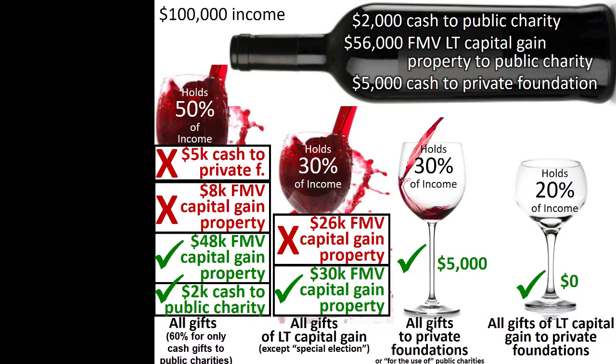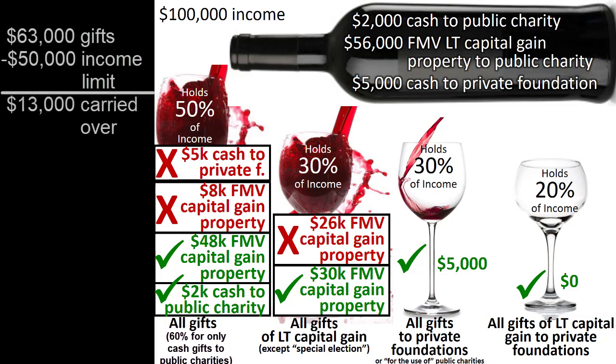Which gifts are carried forward? The first glass will have $13,000 of spillage because there were a total of $63,000 of deductible charitable gifts, and 50% of income is only $50,000. Gifts of cash to a public charity are the most favored type of gifts and so will be deducted first. Gifts of long-term capital gain to a public charity are deducted next.